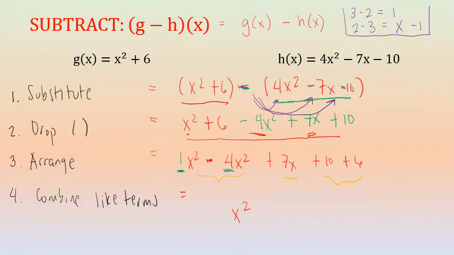So 1 minus 4, that is negative 3. So negative 3x squared, then followed by positive 7x. We just copied 7x kasi wala naman siyang like terms. Okay? Then for our constants, 10 plus 6 is easy, positive 16. And this is now your final answer.